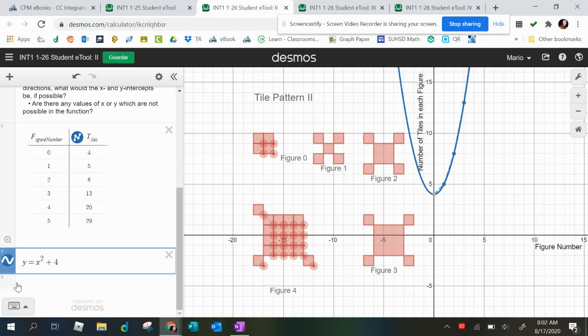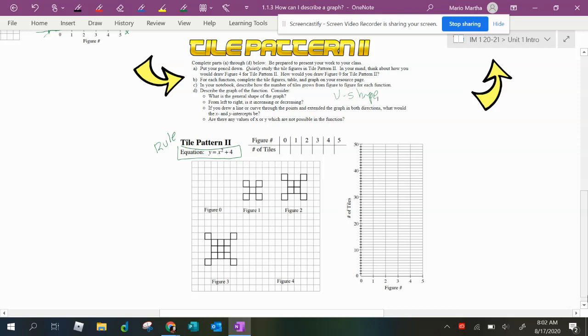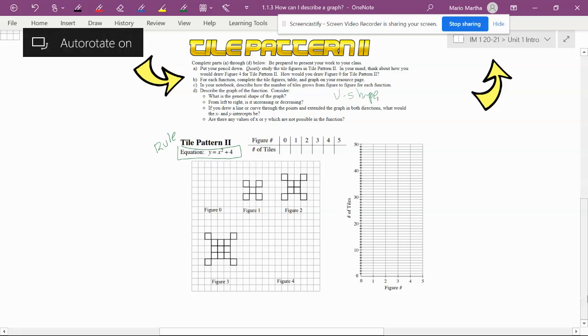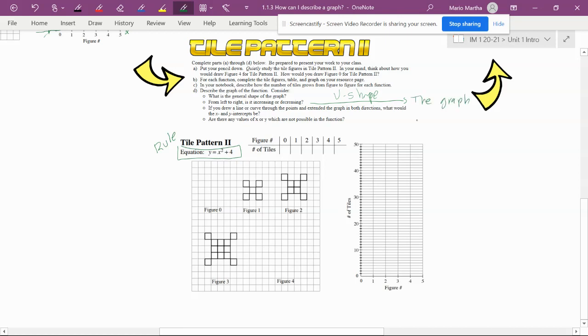Because if we take out the rule, you'll notice that it is increasing from 0 to the right. So we can say the graph is increasing, starting from 0 to the right.